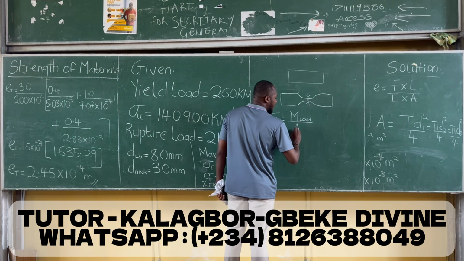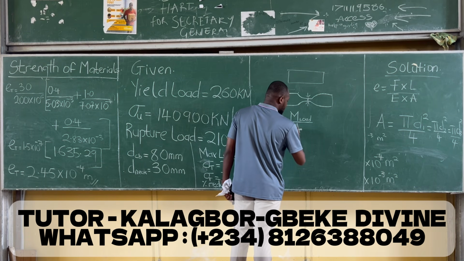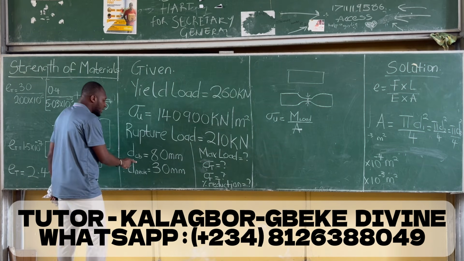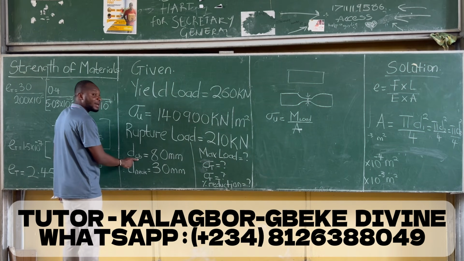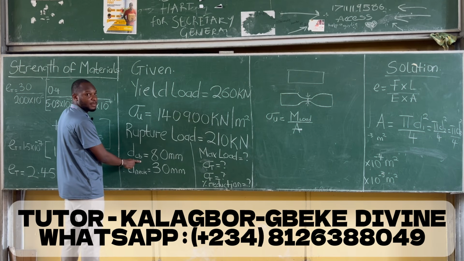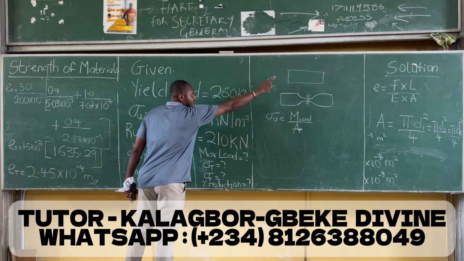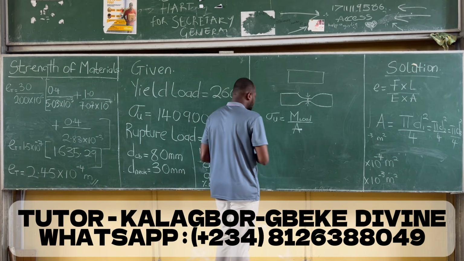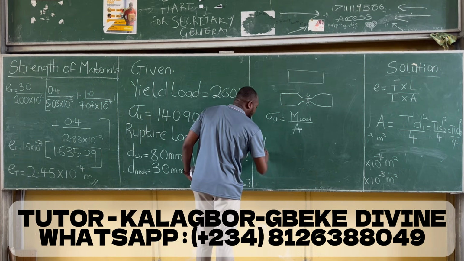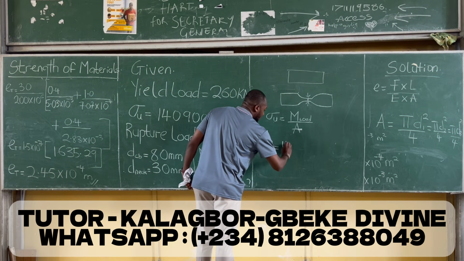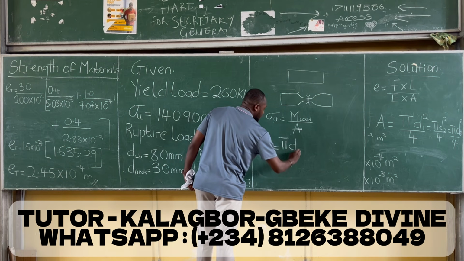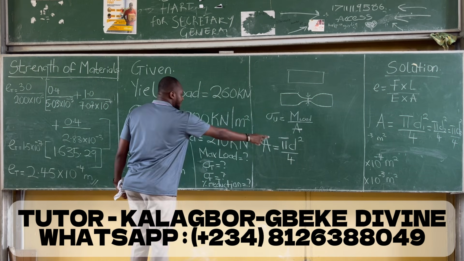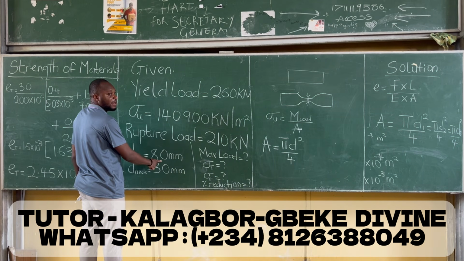And we have the area. For the area, they gave us the circular bar, but this is a two-dimensional representation. So for the circular bar, area is equal to pi d squared over 4. And they gave us this diameter as 80 millimeters.